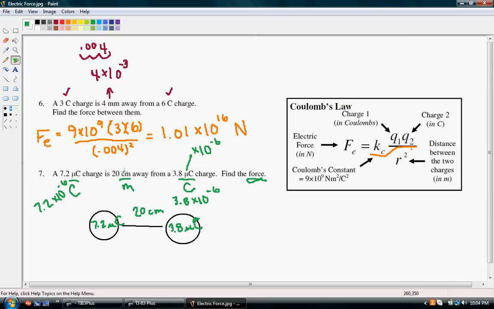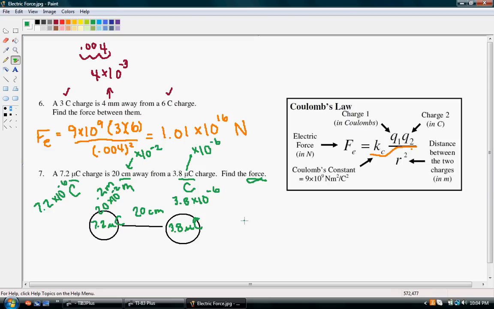Now 20 centimeters is times 10 to the negative 2. We know that 20 centimeters is the same as 0.2 meters, or we could write that as 20 times 10 to the negative 2. Alright, either way we've got the same number.